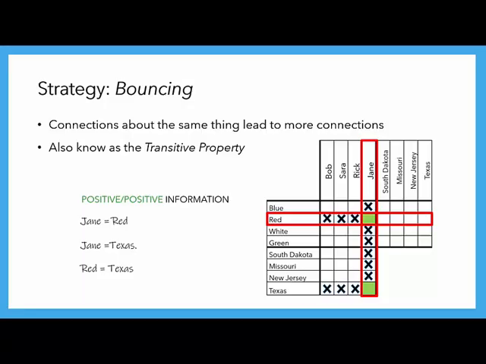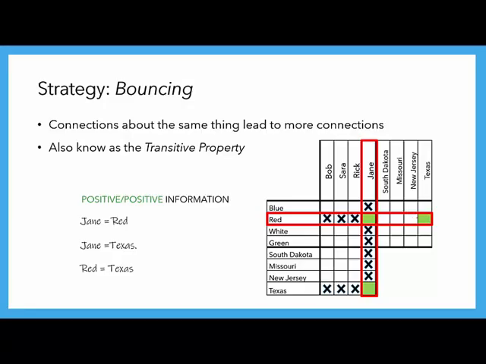This is like the idea of bouncing. It's very visual. Think of this matching up with this and then bouncing this way. It's like it hits this one and then bounces. It changes direction by 90 degrees. So this leads to the red and Texas getting matched up. See how we can see that visually?